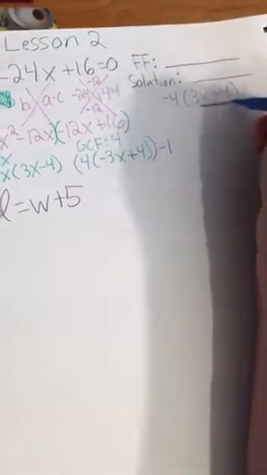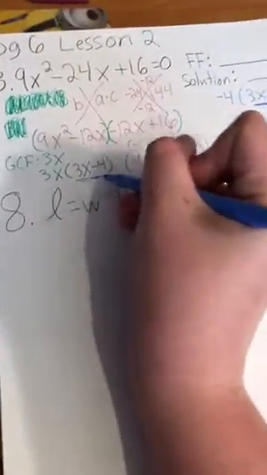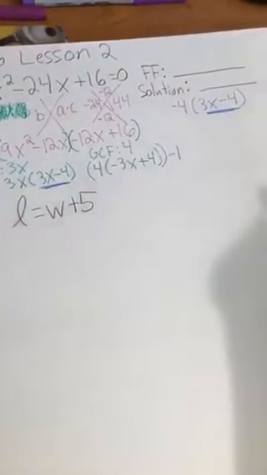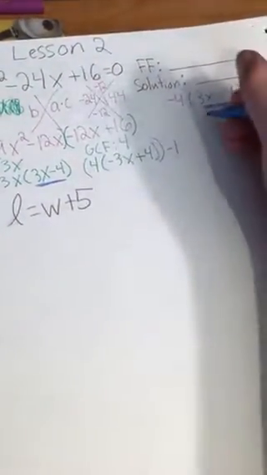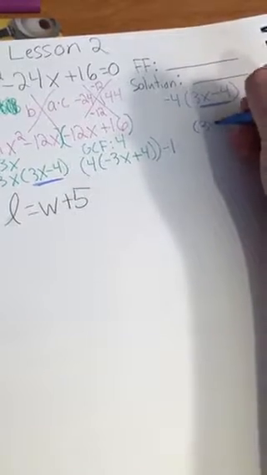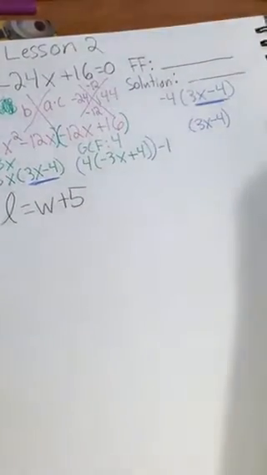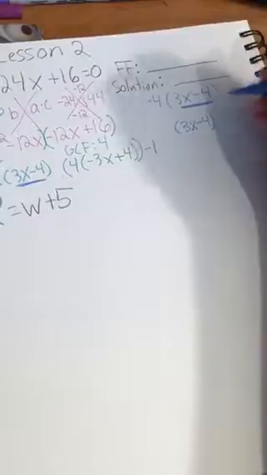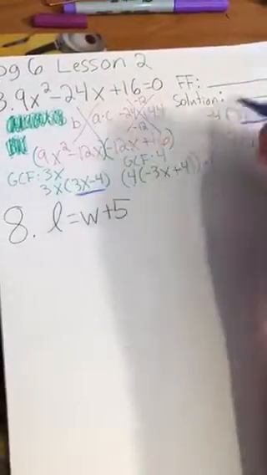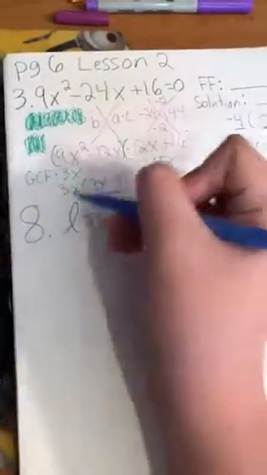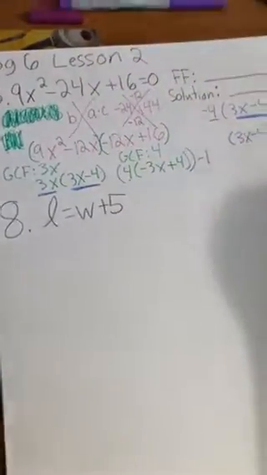And then we would have our 3x minus 4 and our 3x minus 4 matching. So once we have this, we have our repeating parentheses by themselves. And then we would have our greatest common factors, which was now negative 4 and 3x in their own parentheses.